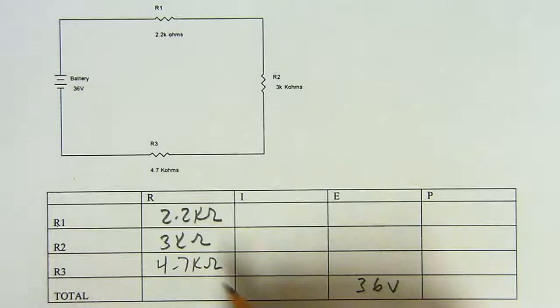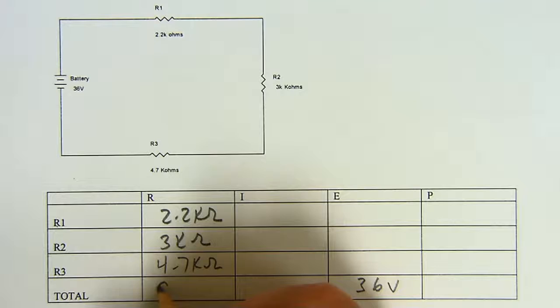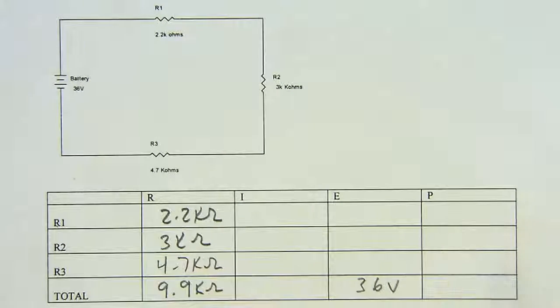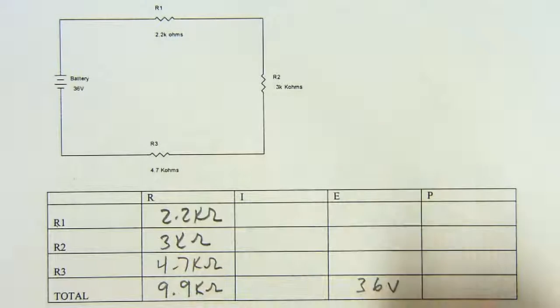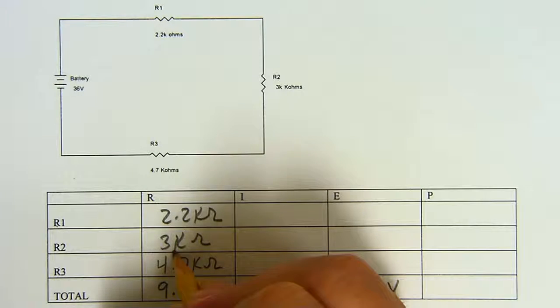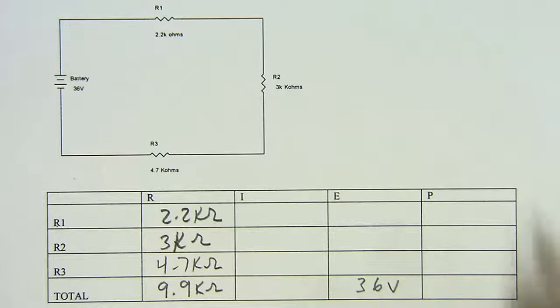So when we add these up, anybody? Are you punching them in? Take your time. How much? 9.9 kilo ohms. And that's pretty good ballpark. 4, 5, 6, 7, 8, 9. And the other values. So now our total current is the next thing we'll find.